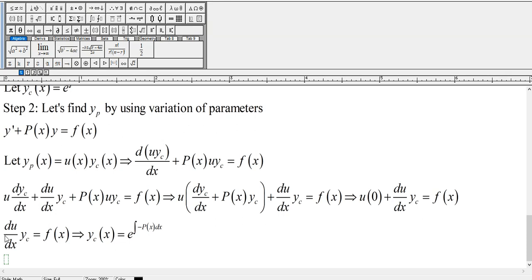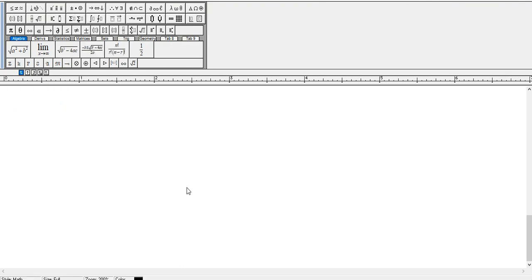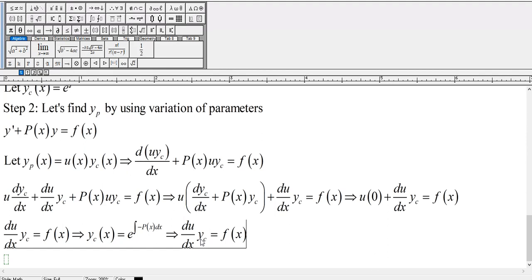Here, I'm going to type that out. So we're going to have this, okay? Here, my next implies is going to be this, but instead of y common is this, right? So I have that here, okay?